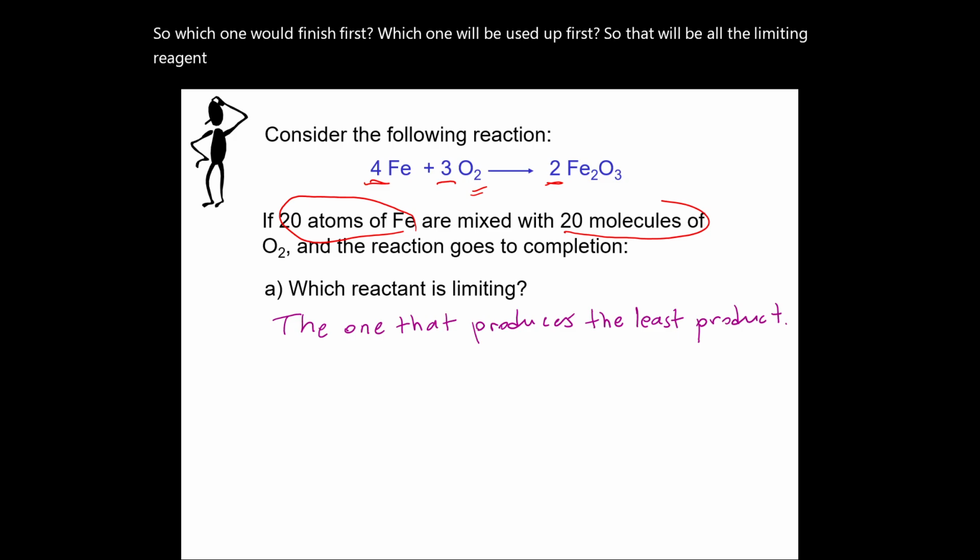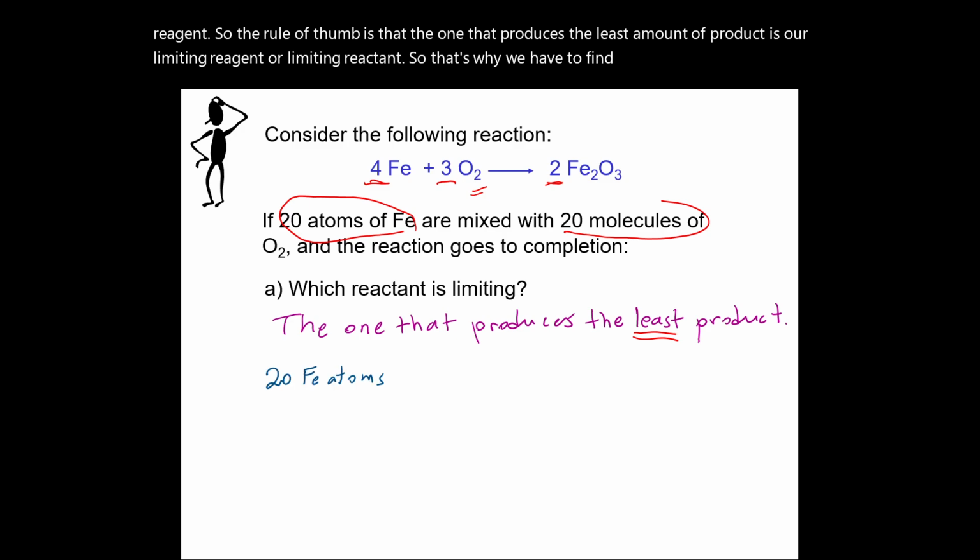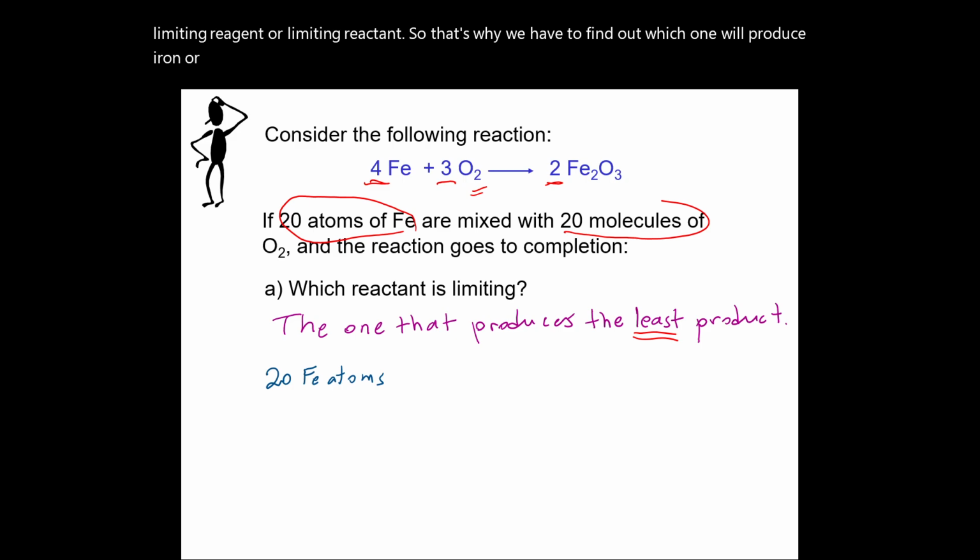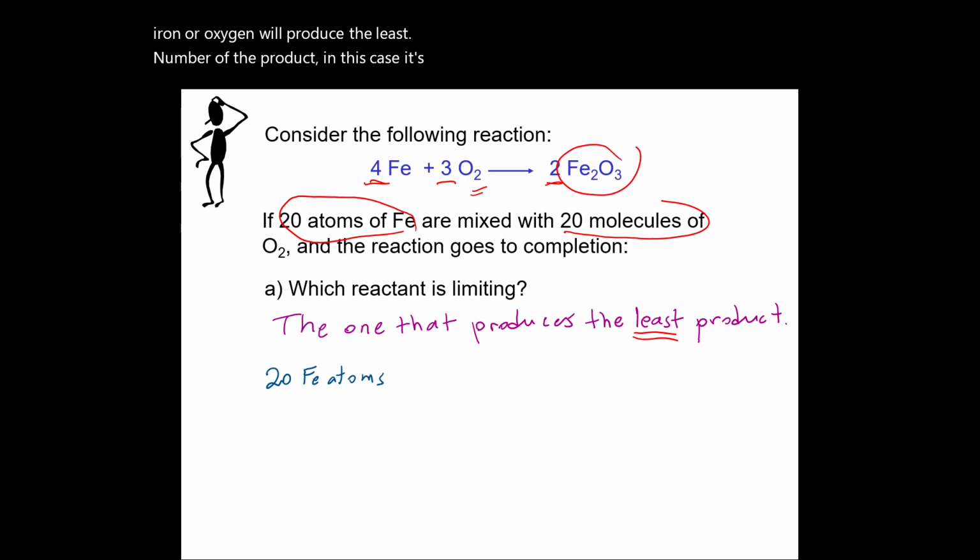The rule of thumb is that the one that produces the least amount of product is our limiting reagent or limiting reactant. So we have to find out whether iron or oxygen will produce the least amount of the product, in this case iron trioxide.